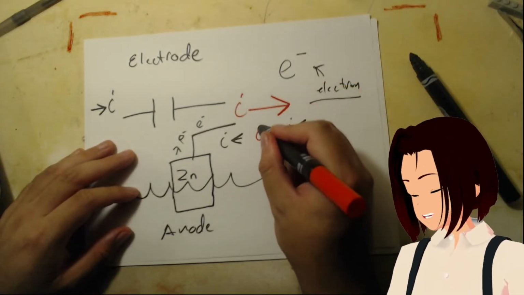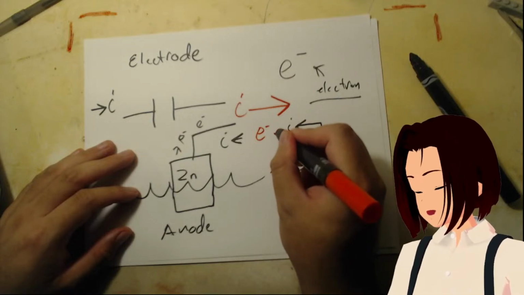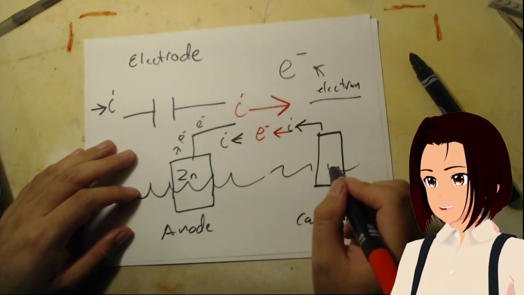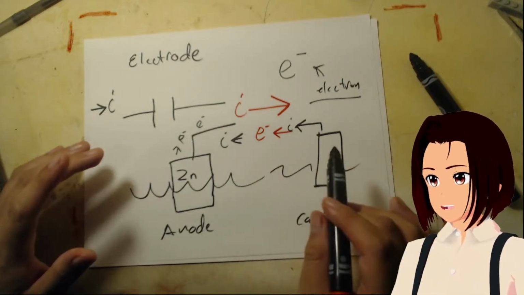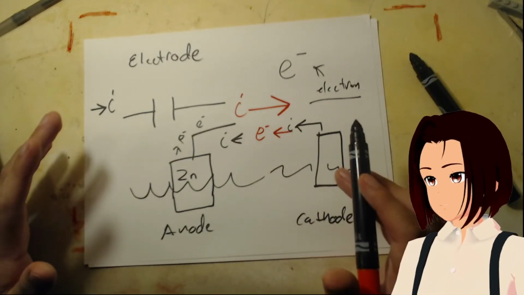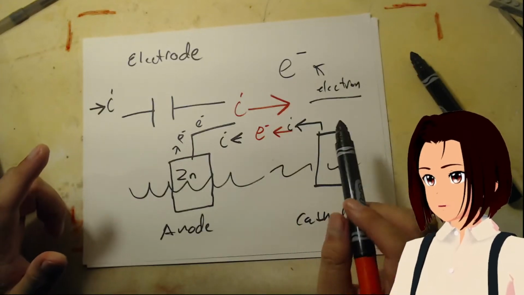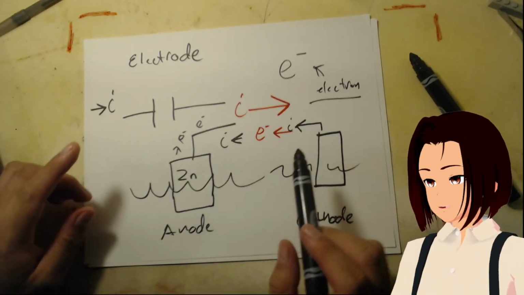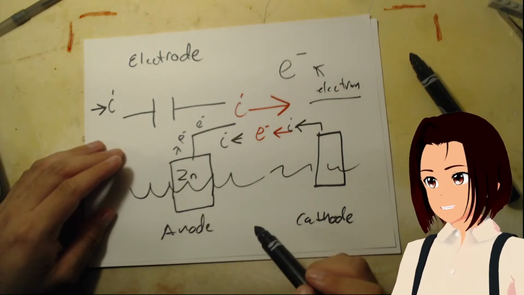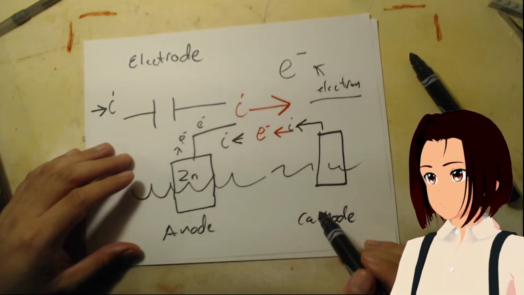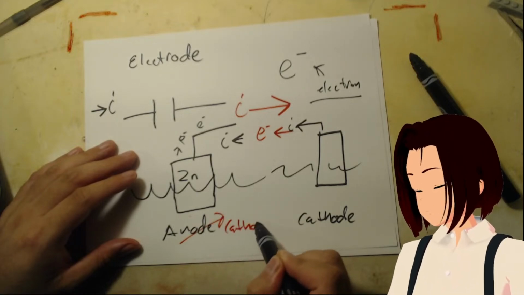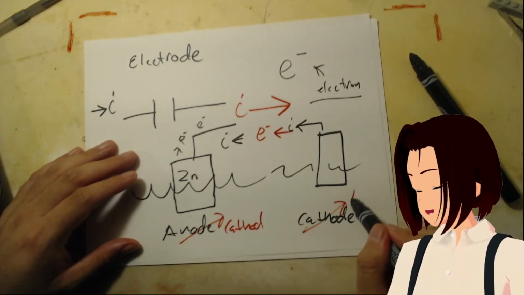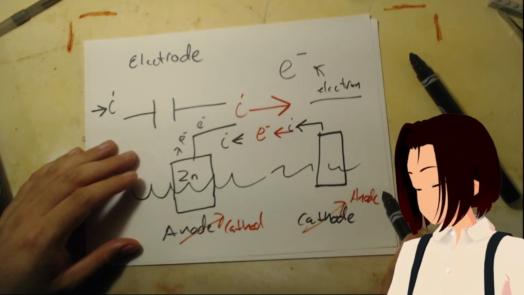They're coming out of this piece of metal. And if for whatever reason, whatever biases this circuit, current flows in the opposite direction, the roles of anode and cathode shift. The anode becomes the cathode, and the cathode is now the anode. Yay.